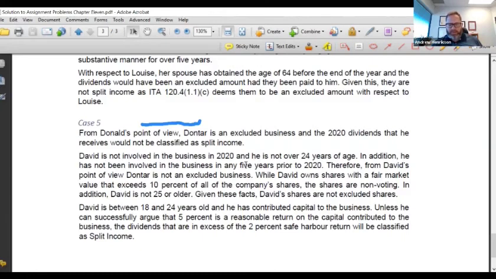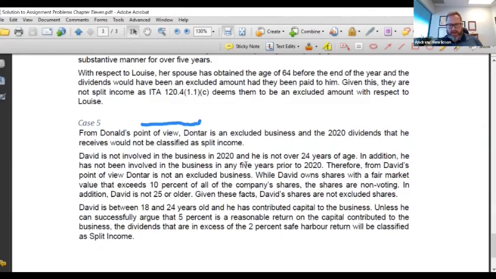In order to assist David with the cost of attending university, Donald issued another set of shares to his son, and then David used his savings to acquire those shares. So he actually bought those shares with his own money. It says these new shares have a fair market value equal to 20% of the total value of all the outstanding shares.